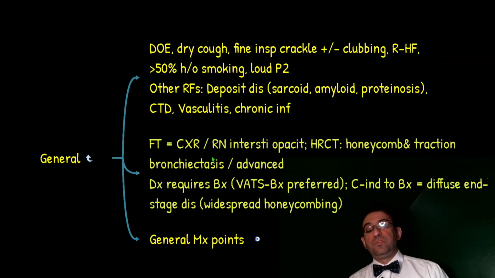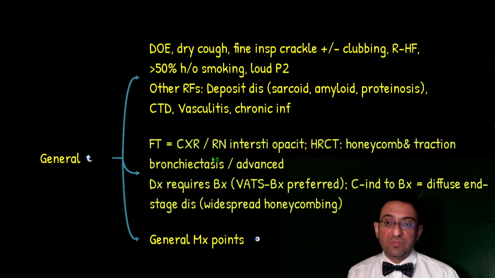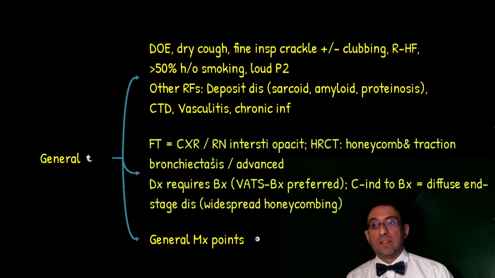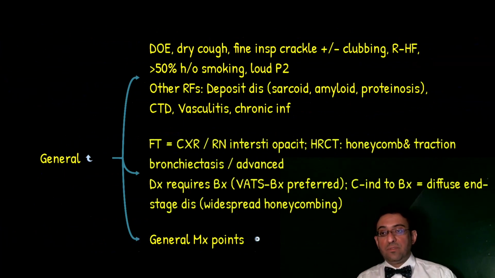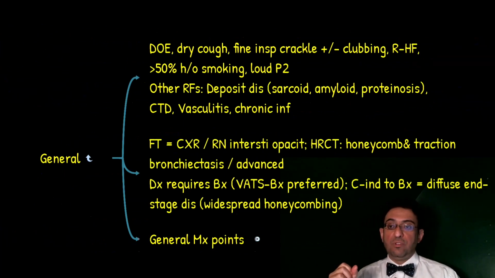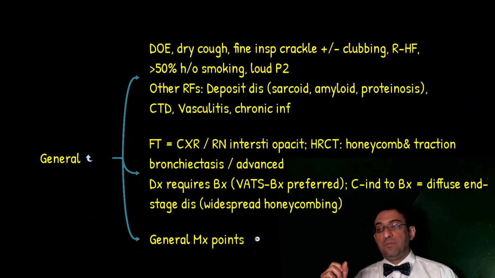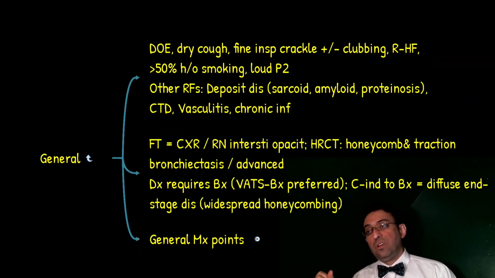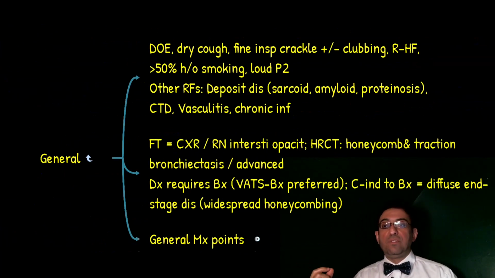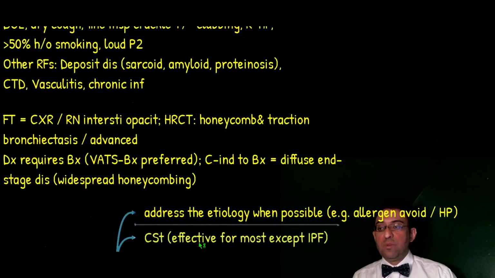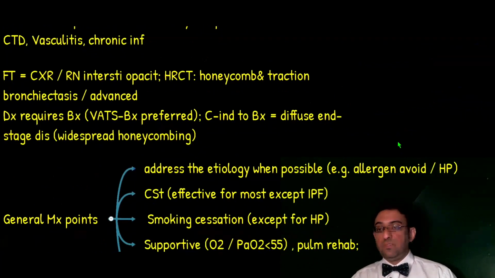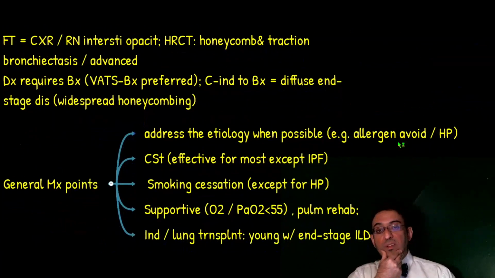Now, remember, there is a contraindication to biopsy: the presence of progressive massive fibrosis and diffuse honeycombing. That's the end stage. Is it possible that we defer the biopsy for certain conditions such as idiopathic pulmonary fibrosis, where we have very well established CT criteria? If the clinical picture and CT criteria are typical, we may avoid biopsy. About the management for the secondary types, if they are smoking related or in the case of hypersensitivity pneumonitis, we try to avoid these exposures.